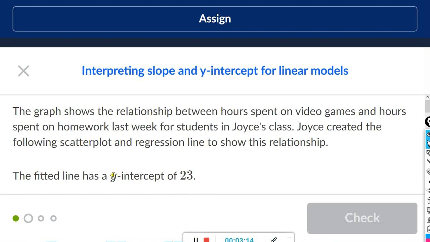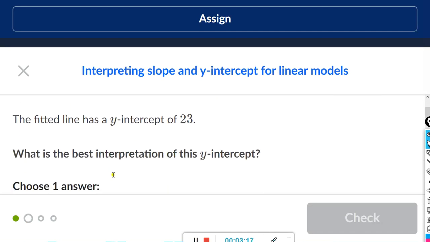It says the fitted line has a y-intercept of 23. The y-intercept is where the line meets or crosses the y-axis.